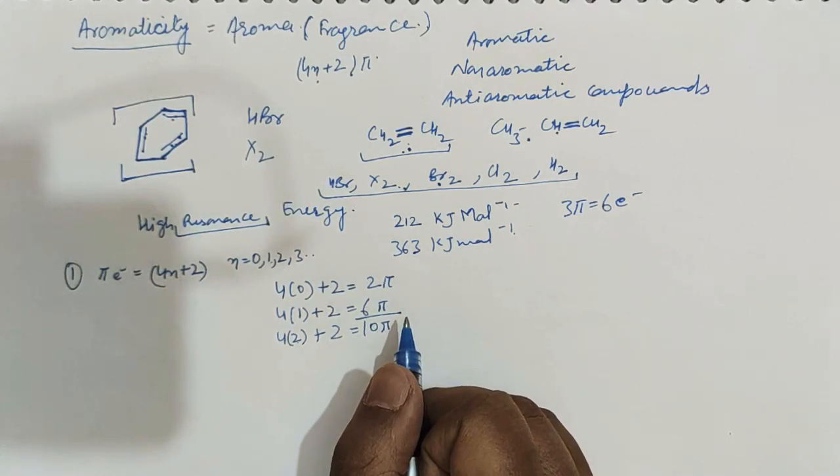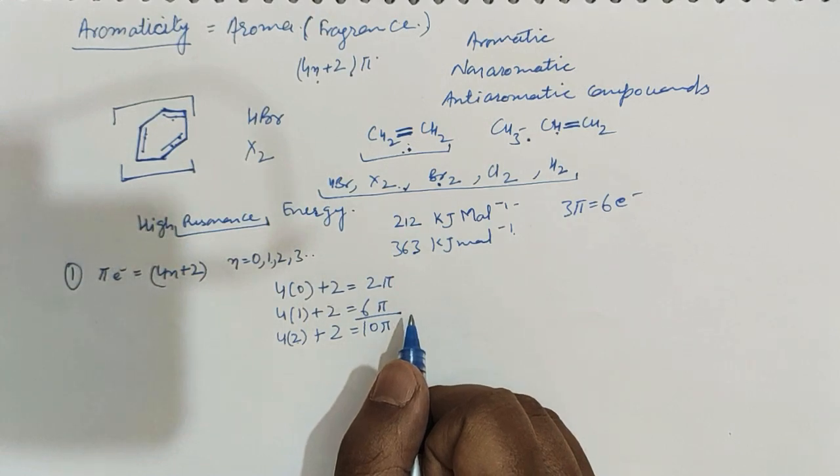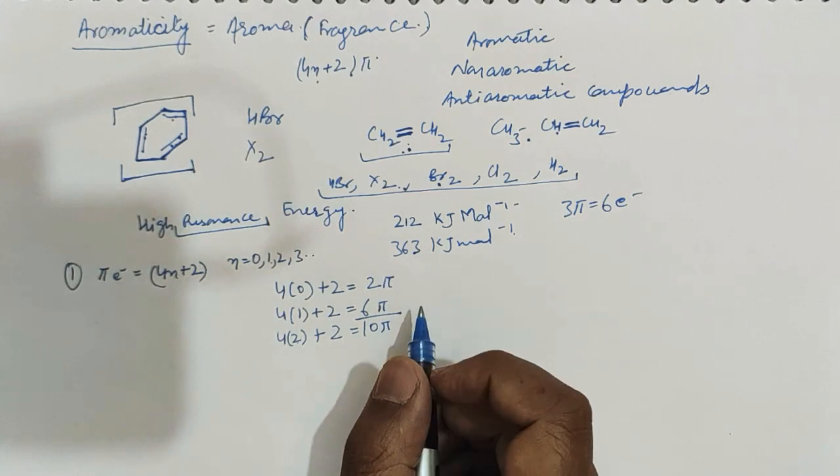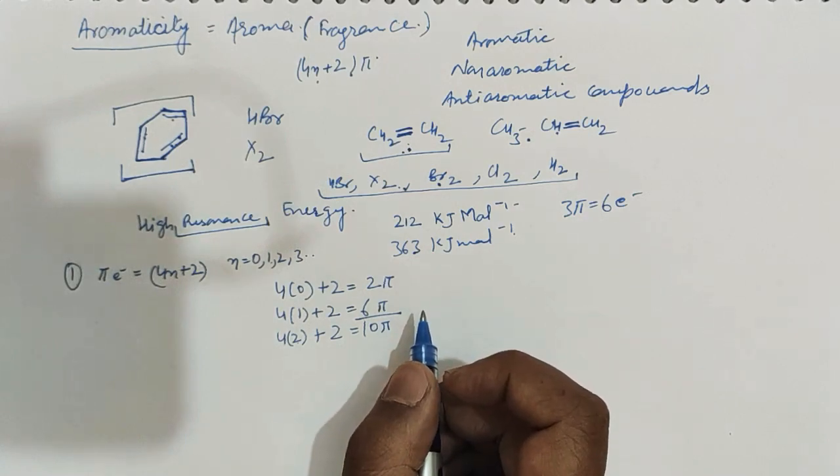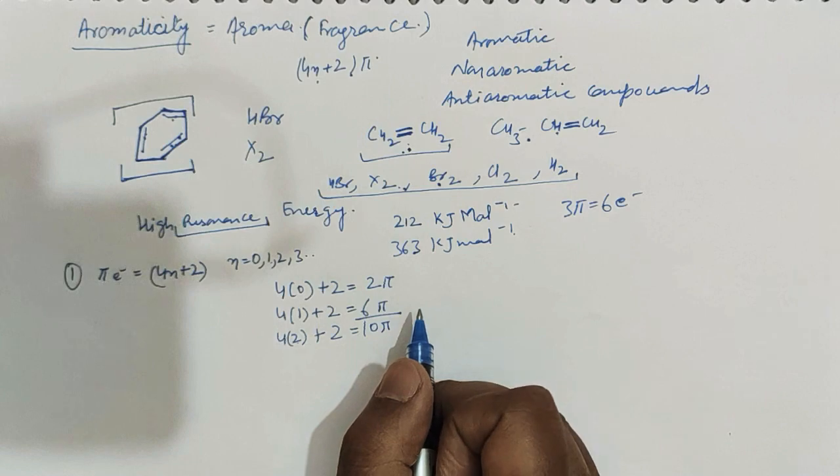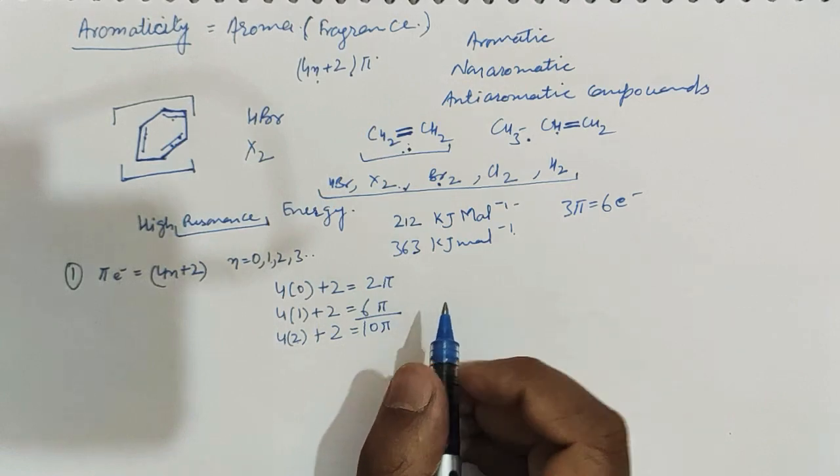The next point is, this rule is applied to ring carbon containing planar cyclic systems in which each carbon is capable of being sp2 hybridized to ensure maximum overlapping of p orbitals for extended pi bonding. It has been extended to unsaturated heterocyclic and fused rings also.